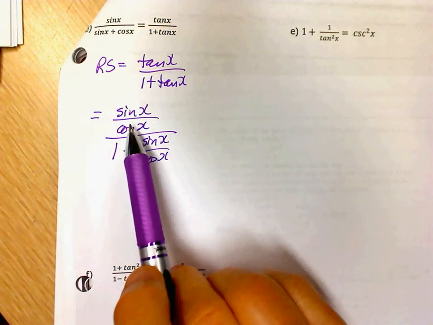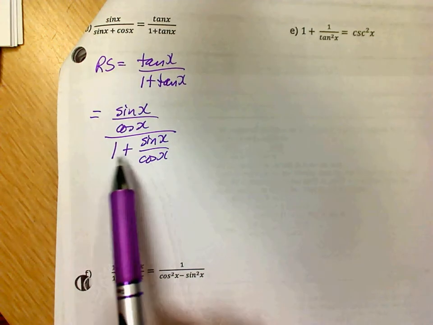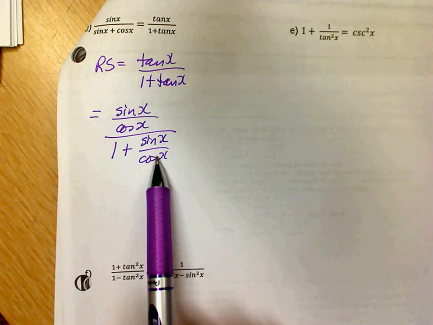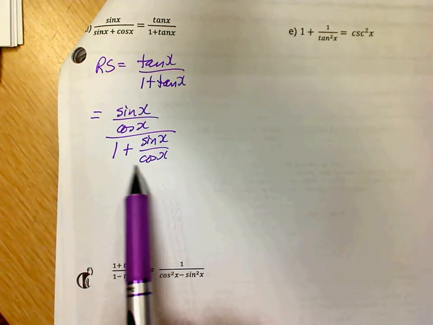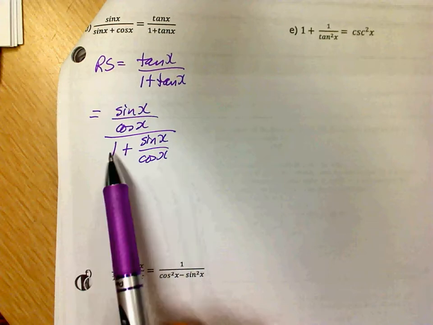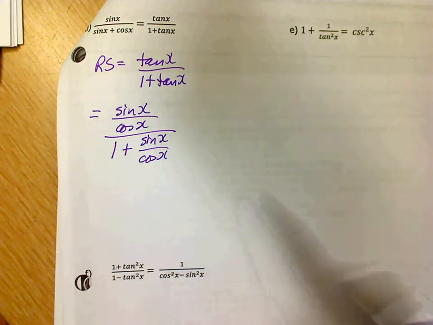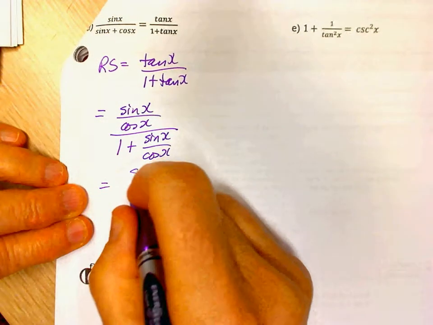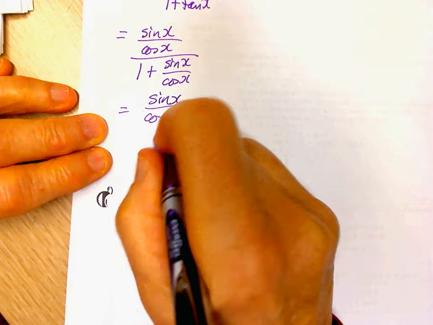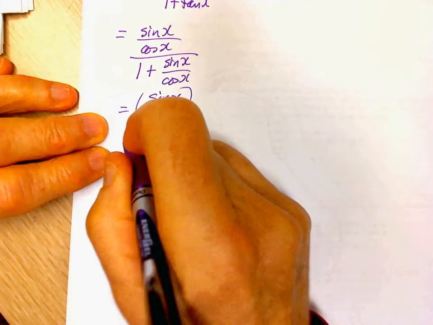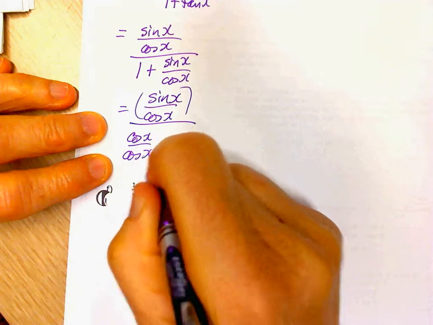How can I add these two together? What do I need? A common denominator. So what can I change 1 to? Cos x over cos x. So this is sine x over cos x, all over cos x over cos x plus sine x over cos x.